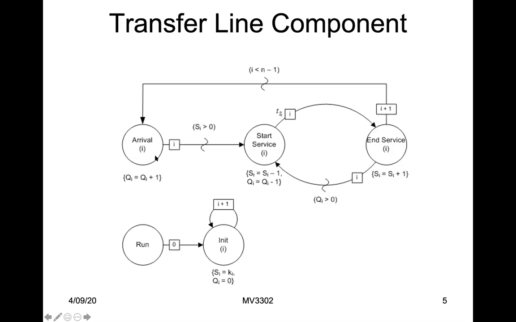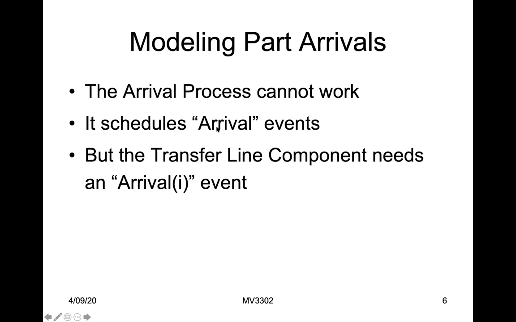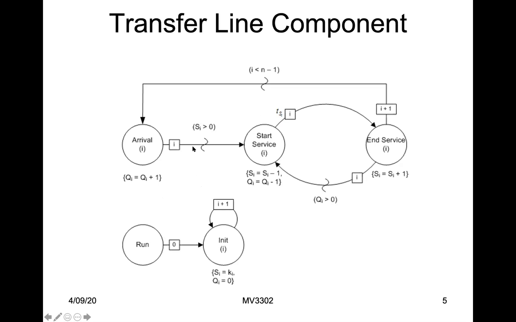So what does an event do? An event has a state transition and it has a scheduling edge. And as part of that scheduling edge, there are potentially 3 pieces. One is the Boolean condition. The second is the time delay, which here is 0, but here it's a value.